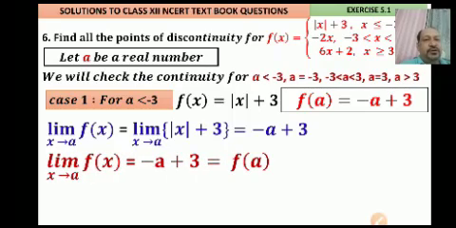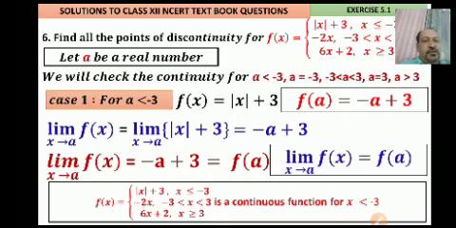So you can say that the limit of this function is always equal to the functional value of the function at f of a. So this function is continuous for x less than minus 3.